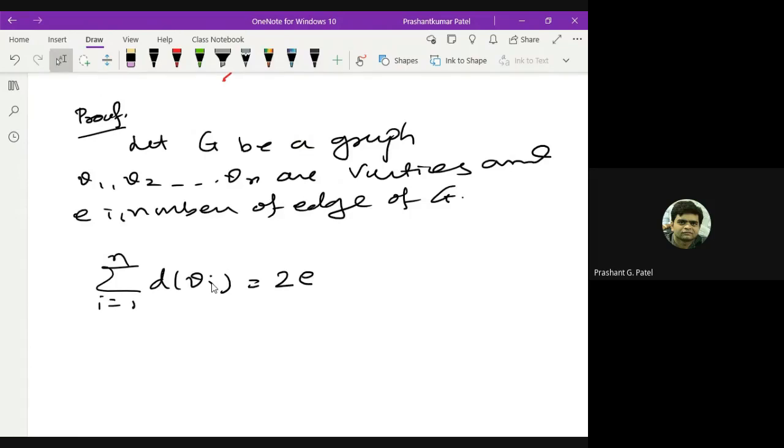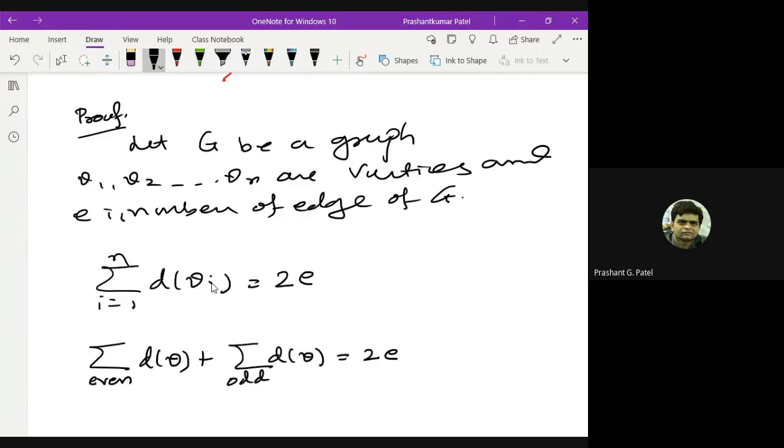So I can split this summation into 2 parts: those vertices which have even degree, and those vertices which have odd degree. The first is the summation of even d of Vi, plus the summation over odd.